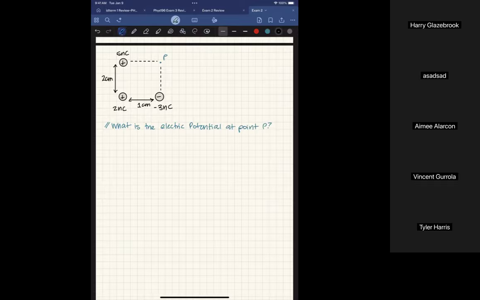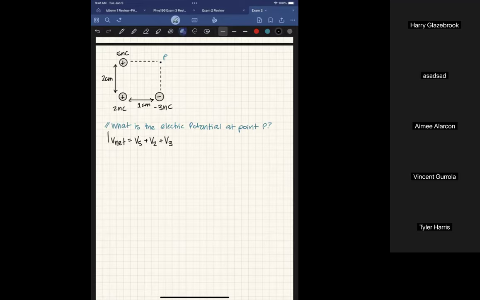So I know from everything I know about electric potential that first I have to define my point. So I know it's my point right here. And if I want to find the net potential at that point, it's just going to be the potential from my 5 nanocoulomb particle plus the potential from my 2 nanocoulomb particle plus the potential from my 3 nanocoulomb particle.